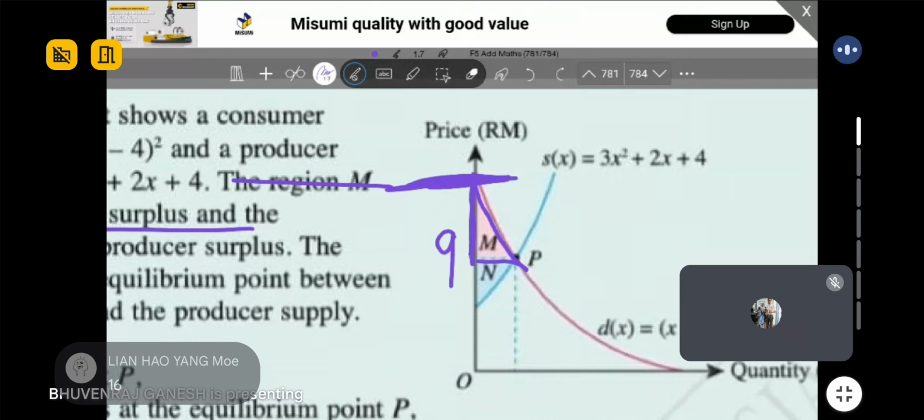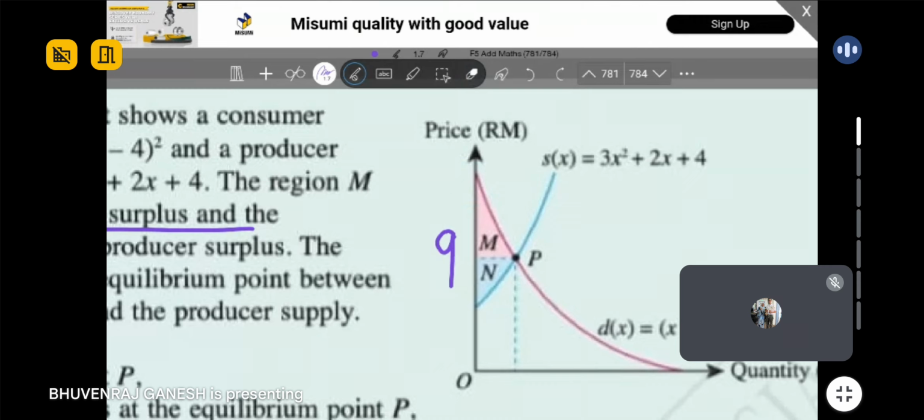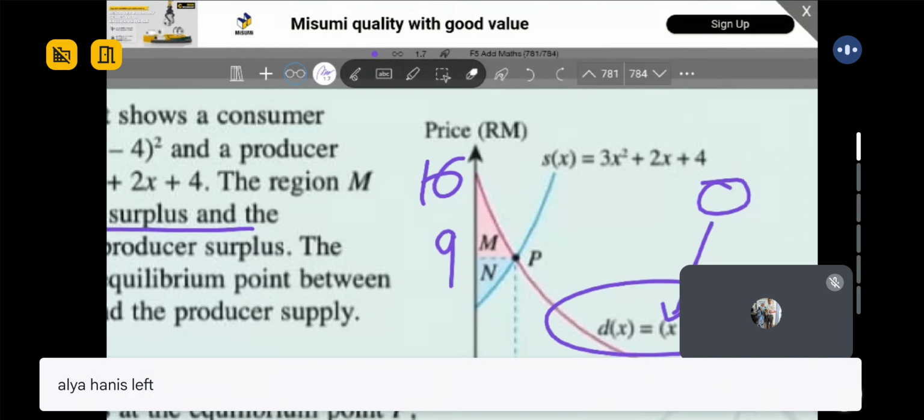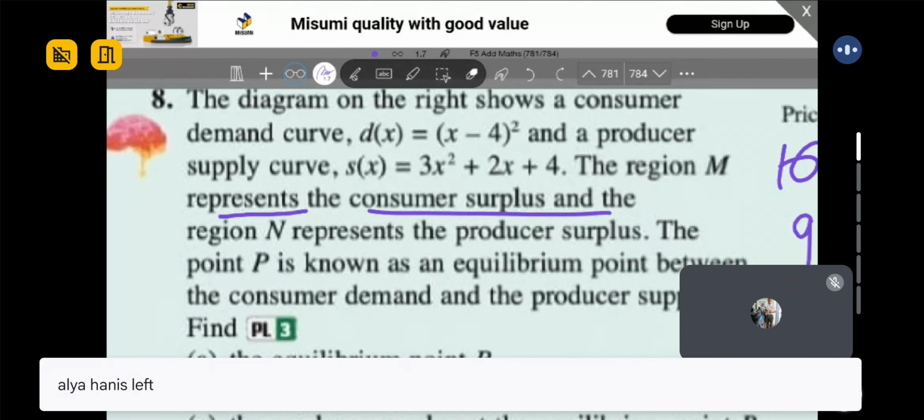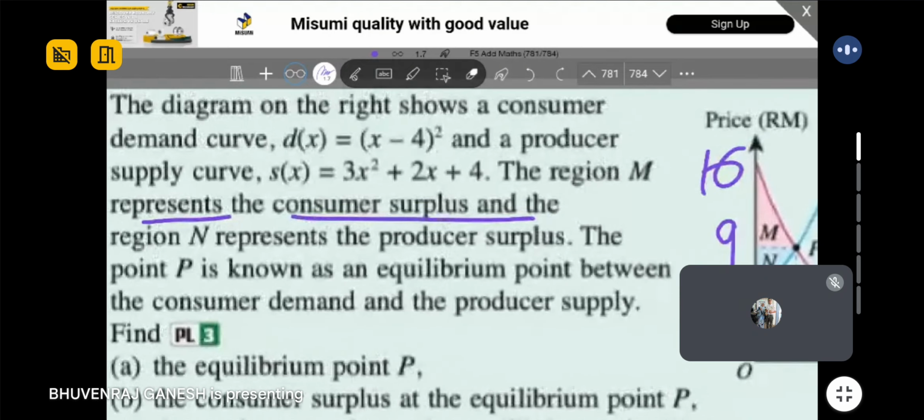Okay, 16 guys. This is the y-intercept, pintasan y for this curve. So how to find pintasan y, guys? You substitute x equal to 0. Am I right? Katakan x sama dengan kosong. So you sub 0, you will get 16 on top here. Correct? So now you must find the region M.